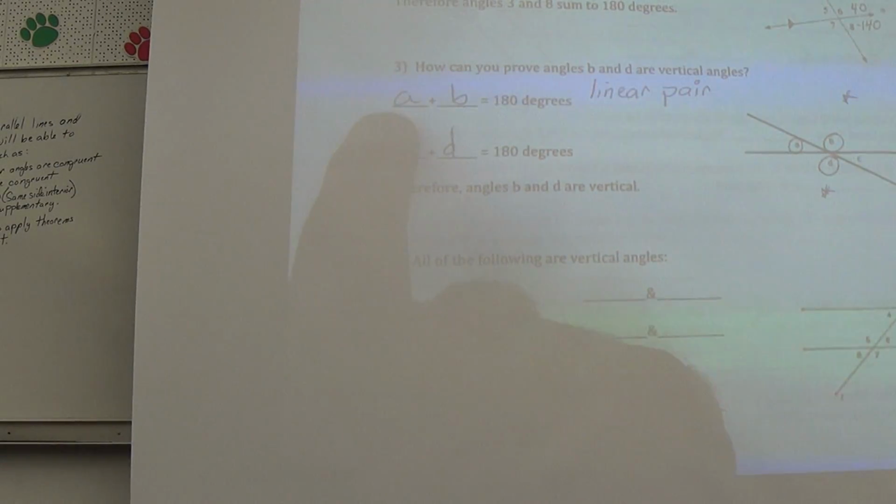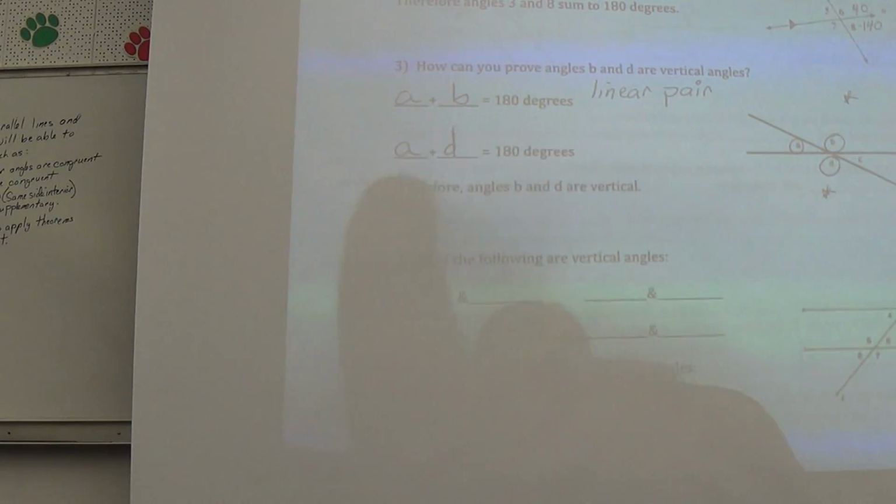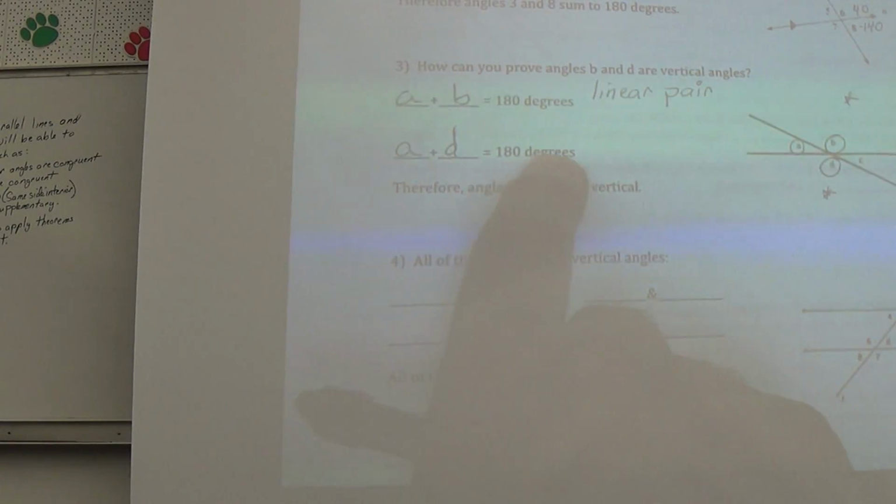If A plus B equals 180 degrees, and A plus D equals 180 degrees, then D and B have to be the same measurement. These two have to be equal. If A is 120 and B is 60, this is still 120. So D still has to be 60.